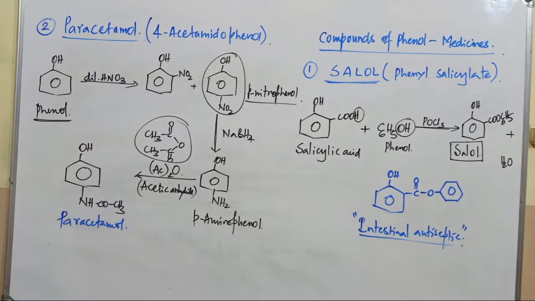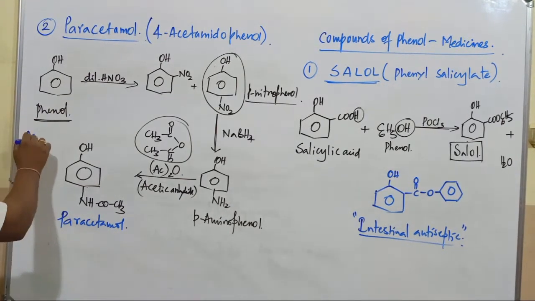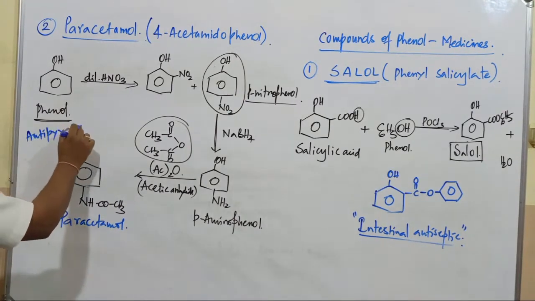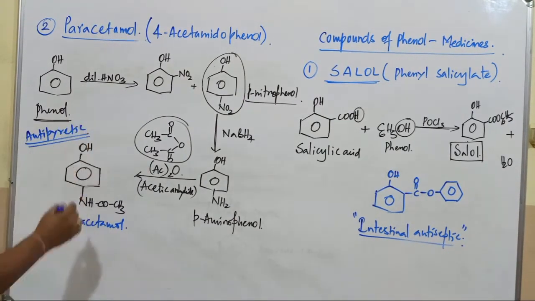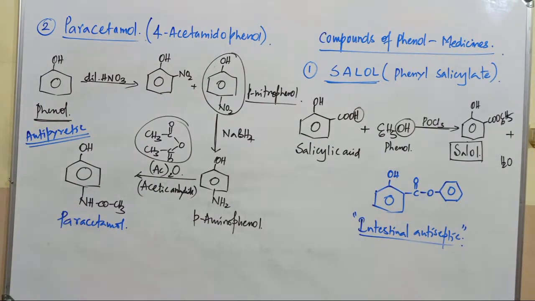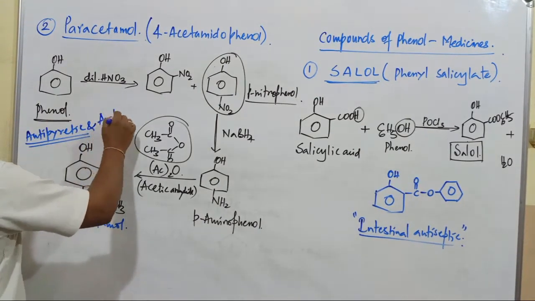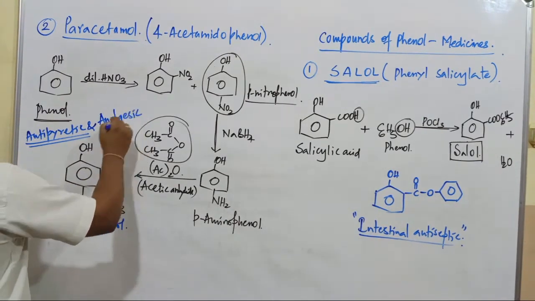What is the function of paracetamol? Paracetamol is acting as an antipyretic, not antiseptic, antipyretic. Antipyretic means which reduces body temperature. Any compound which reduces body temperature is known as an antipyretic compound. In addition to that, it is also used as an analgesic drug.